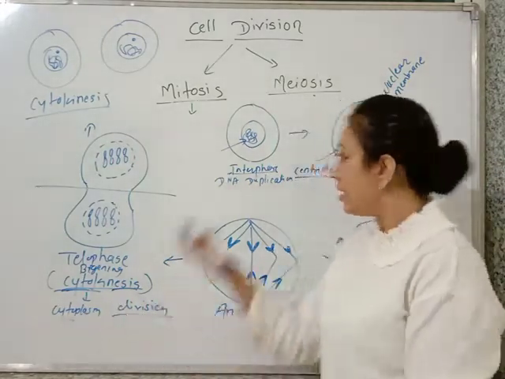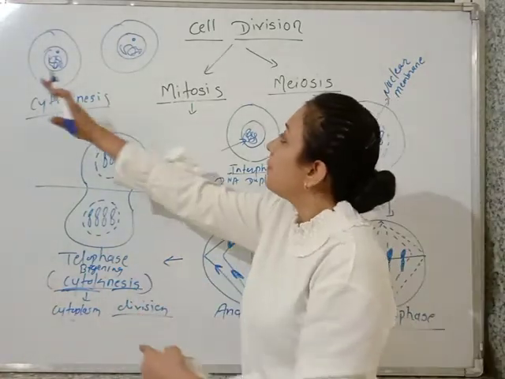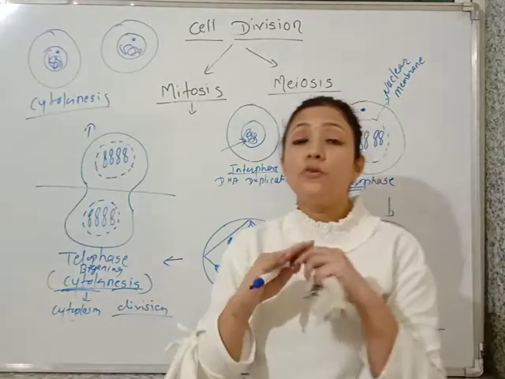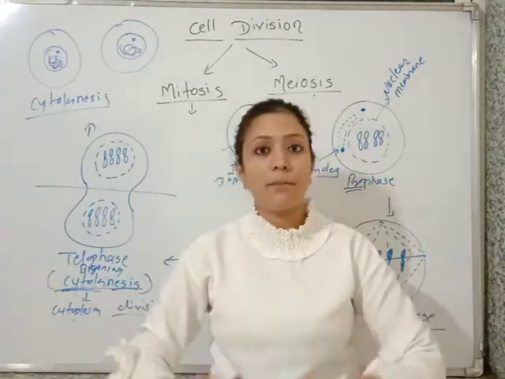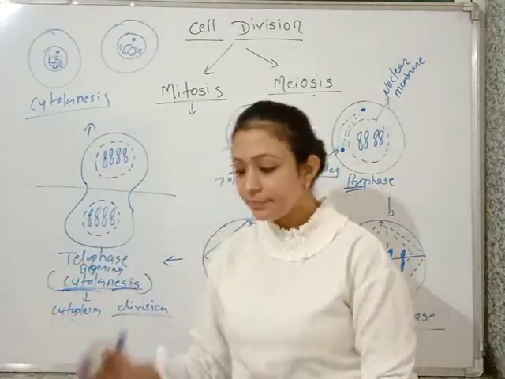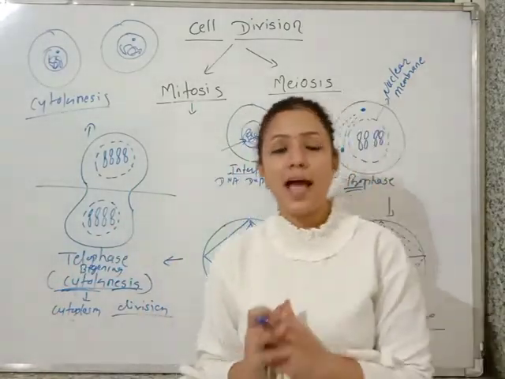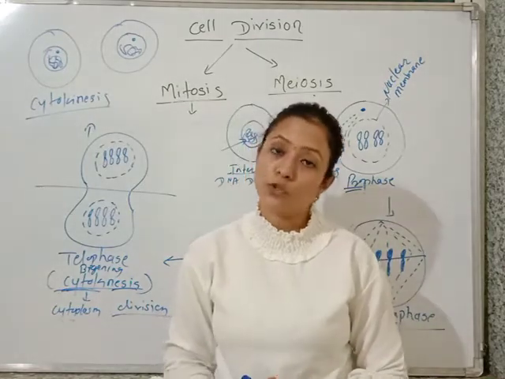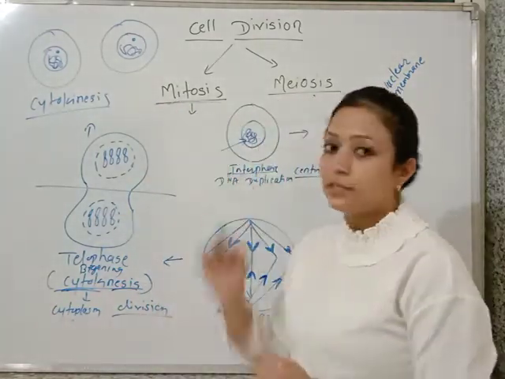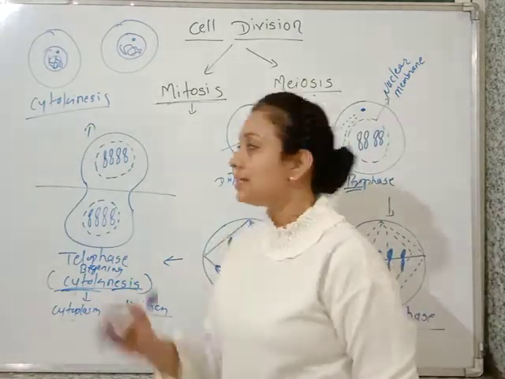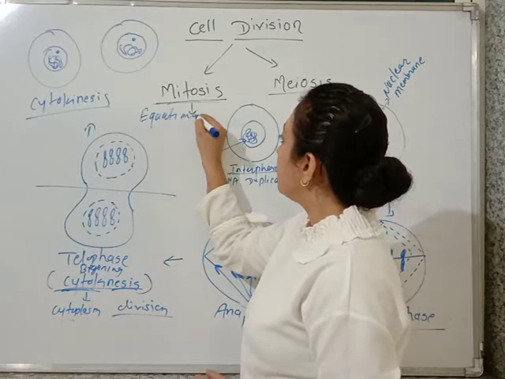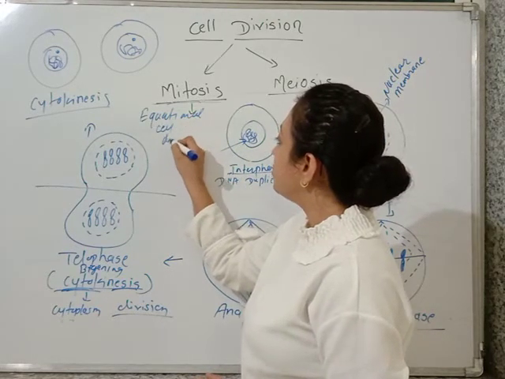Once it doubles, it divides in this way, and hence two daughter cells are formed with the same number of chromosomes as the parent cell. As the daughter cells have an equal number of chromosomes as the parent cell, mitosis is known as equational cell division.